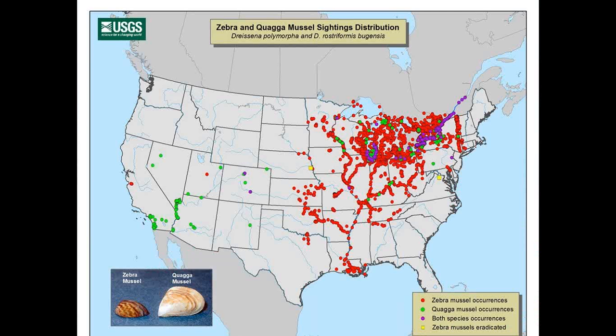So here's a map of the most current known mussel infestations in North America. You see the red dots being zebra mussels, the green dots being quagga mussels, and purple being both species. They are finding the quagga can outcompete the zebra now, so it will be interesting to see those colors change.